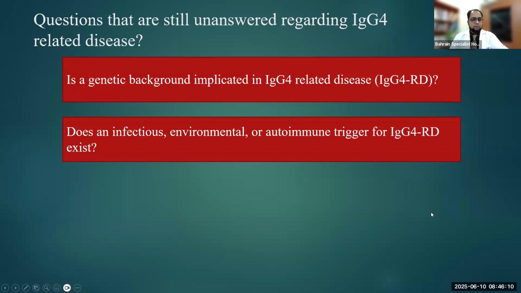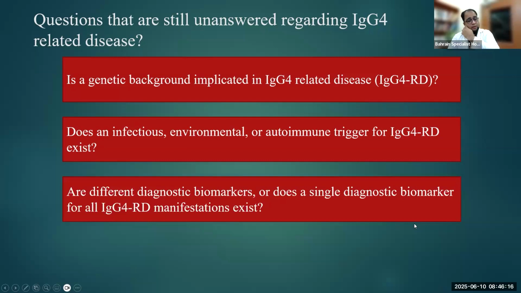This data also has to come up. And are there any specific biomarkers available currently? No, as of now, there are no specific biomarkers, but the multisystemic and multidisciplinary approach can help us. And biopsy confirmation with immunohistochemistry of IgG4 and the IgG4 to IgG ratio can help us in coming to the diagnosis.